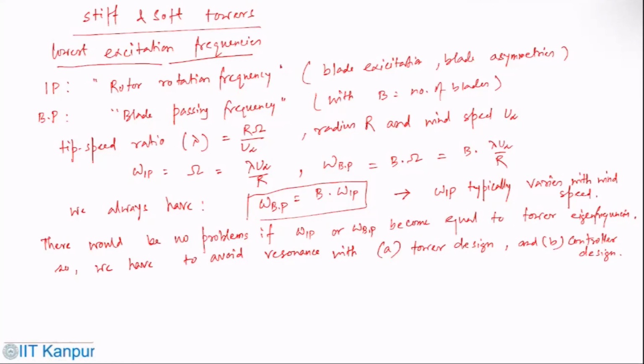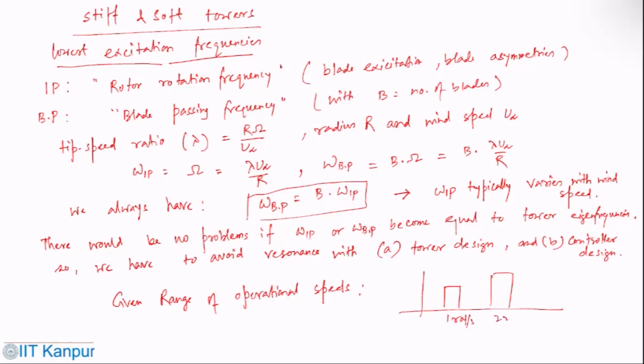Now, what we can see, let's say we have some given operational speeds. Let's say 1 radian per second, 2 radian per second.